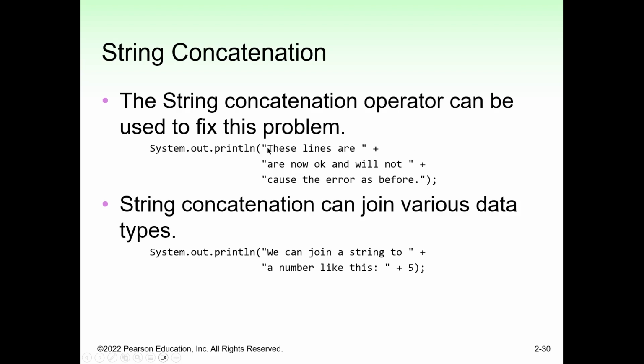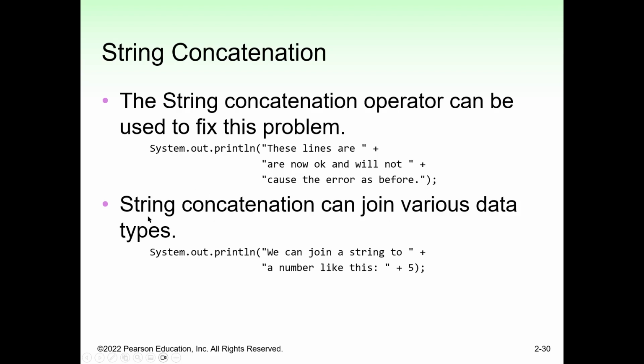So each small part of this big string has its own quotations. Then "now okay and will not" in quotation marks with a plus, then "cause the error as before", period, quotation marks, close your parentheses and put a semicolon at the end because this is a Java statement.